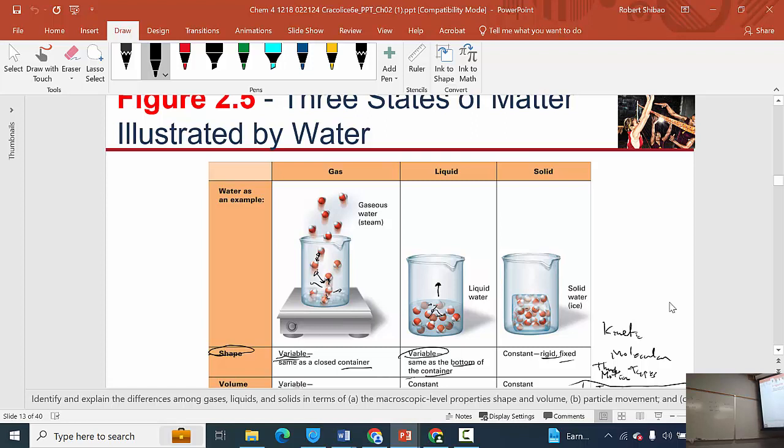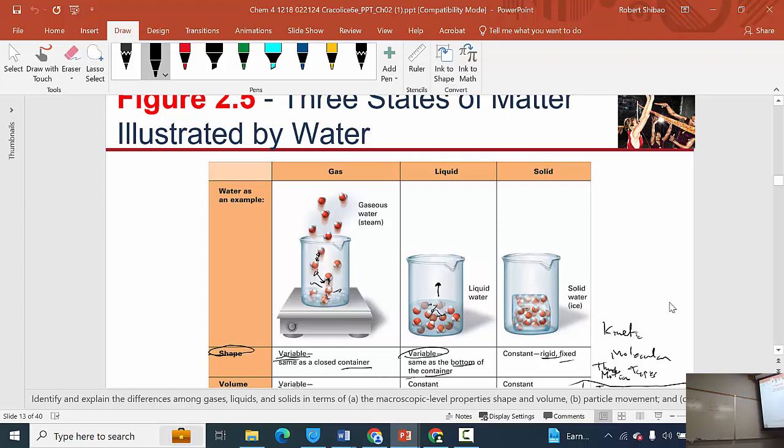What's the difference between translational motion and rotational? Translational motion is you follow this water molecule, and does this water molecule have the ability to move up? No. It's stuck because it's in the solid state, and so translationally can't move.